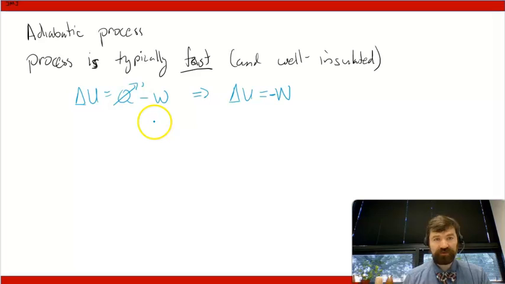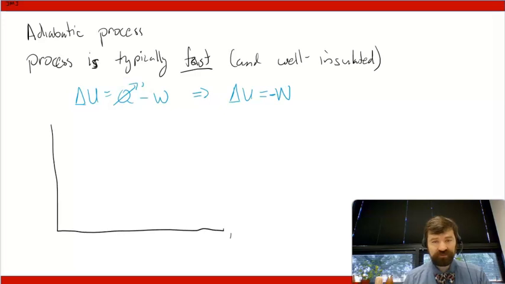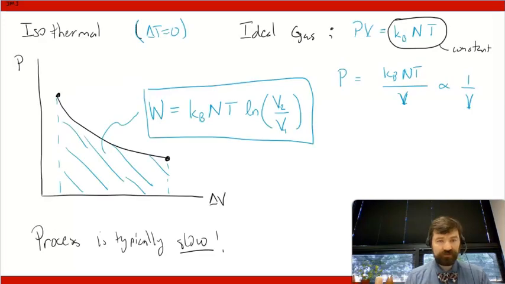As far as the graph for this is concerned, if we were to again plot pressure and volume on here, previously I plotted pressure and volume for the isothermal, which looked basically like this.